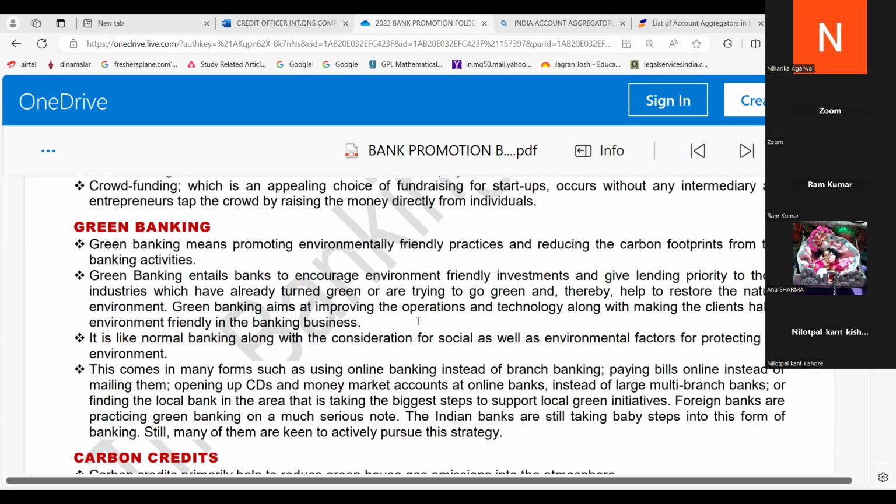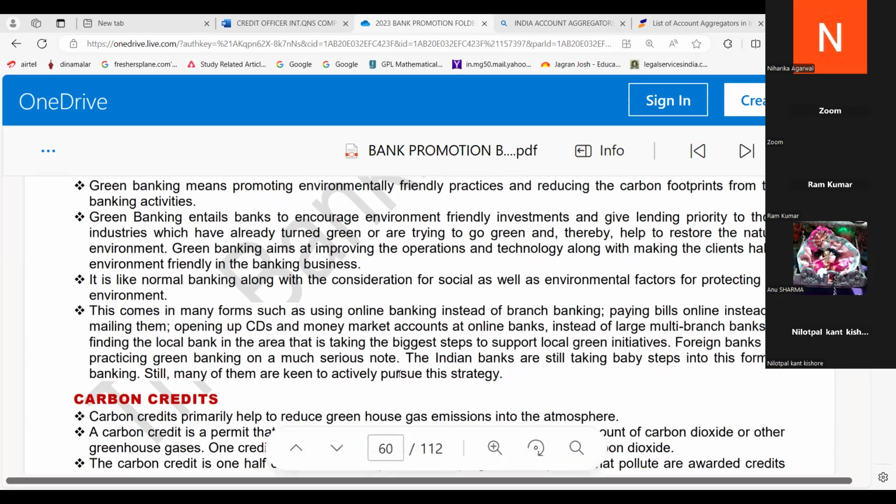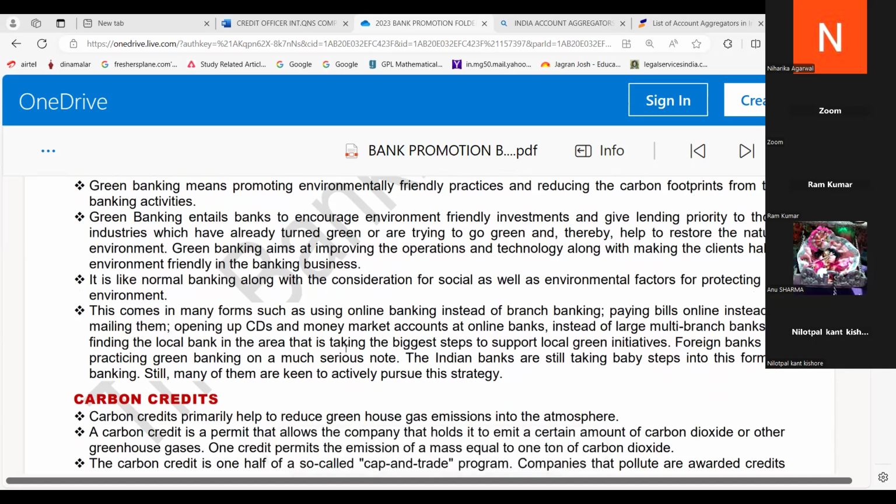It is like normal banking, along with the consideration for social as well as environmental factors for protecting the environment. This comes in many forms, such as using online banking instead of branch banking, paying bills online instead of mailing them, opening up CDs and money market accounts at online banks instead of large multi branch banks, or finding the local bank in the area that is taking the biggest steps to support local green initiatives.